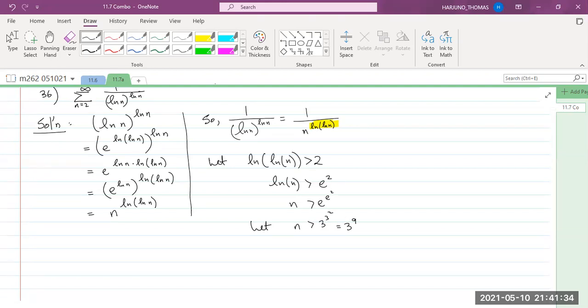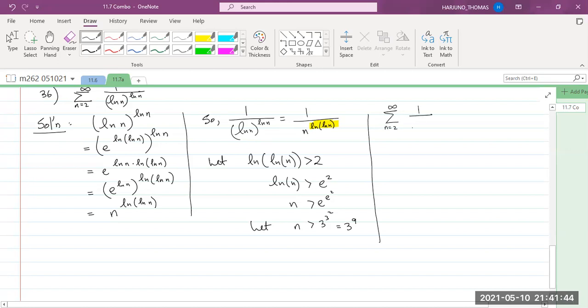So basically I'm saying the following. This series from 2 to infinity of 1 over natural log of n to the natural log of n is equal to the series from 2 to infinity of 1 over n to the natural log of n.